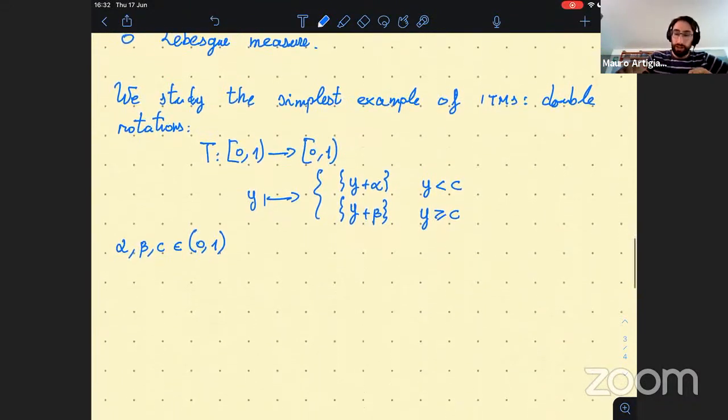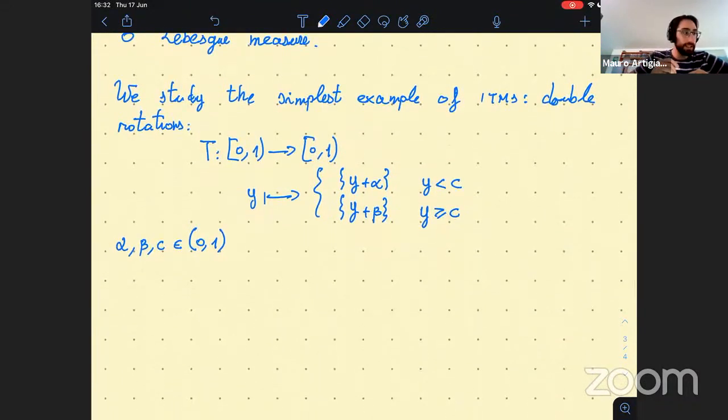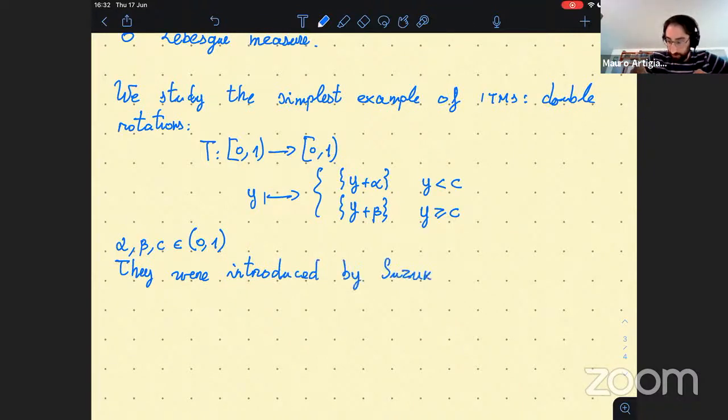So double rotations were defined precisely like this in a paper by three Japanese. They were introduced, or if you prefer the word, singled out, by Suzuki, Ito, and Aihara.